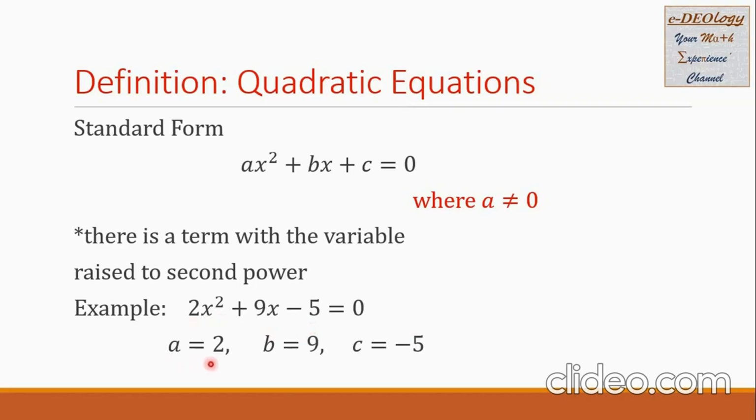So a equals 2. The b is the coefficient of the x. So in here the b equals 9. And the c is the constant. So c is equal to −5. Do not forget the sign of the constant.